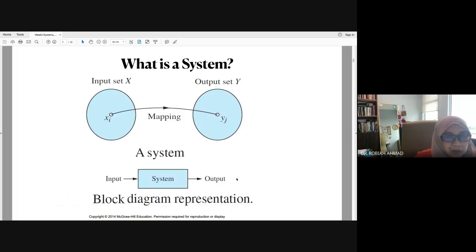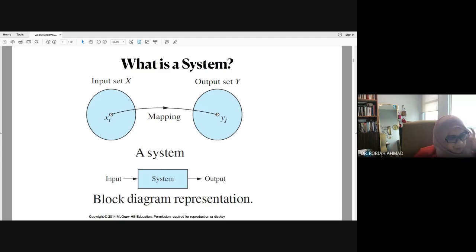So what is a system? This is a representation. For example, we have a set of inputs that is mapped to produce a set of outputs. In terms of a block diagram representation, we have an input, we have the system, and usually the system is defined by mathematical equations, and then we have the output.